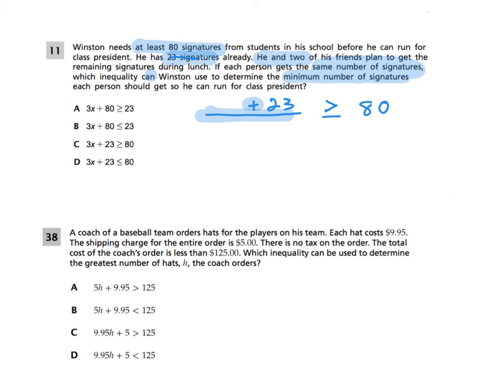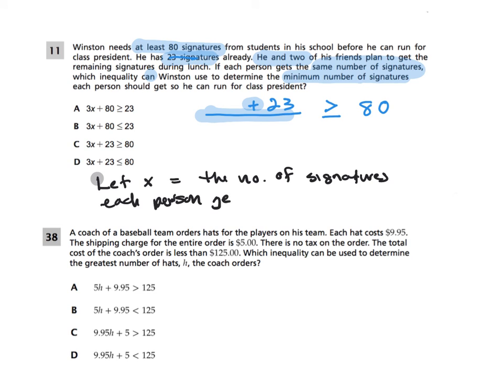So what they didn't tell us here is they didn't really define the variable clearly. The other examples define the variable for us. So let's define the variable. Let x, because they've obviously used x, represent the number of signatures each person gets.